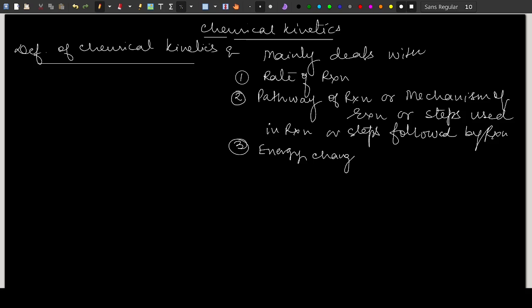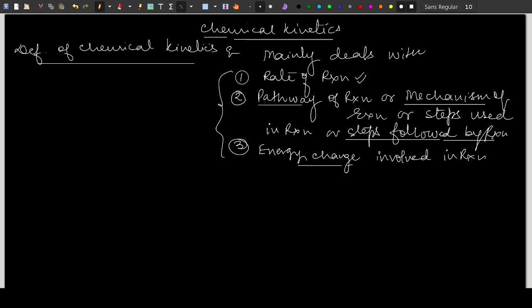So you can say chemical kinetics deals with these three kinds of work: one, rate of reaction; two, the mechanism of the reaction, or path of the reaction, or the steps involved or followed by the reaction; and thirdly, the energy change.